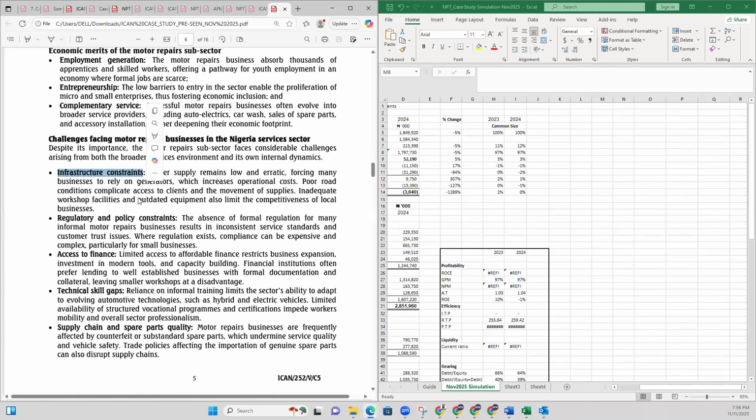If you look at a typical mechanic workshop, you wonder, if this guy had a better space, he might be able to do better. Or if he had an affordable warehouse where he's able to rent and put all the tools, and those infrastructures are not there.